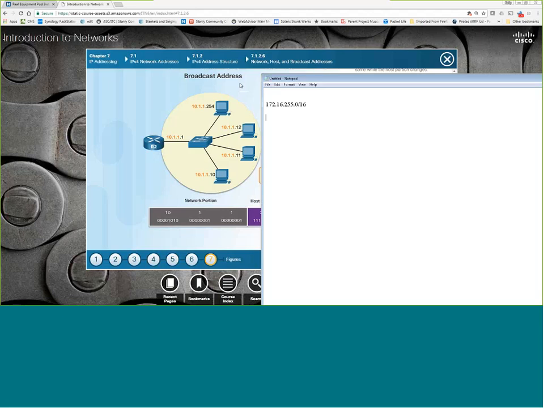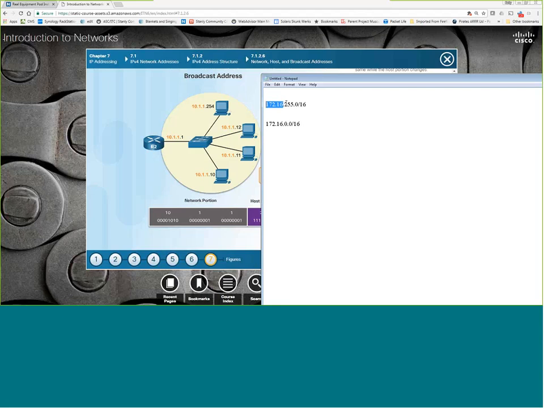This is a /16, which means you've got 16 bits that are the network portion, right? So what is the network address for this particular network? 172.16.0.0. Correct. Think about this: this is what's called a typical class B, so we've got 16 bits for the network and 16 bits for the host.